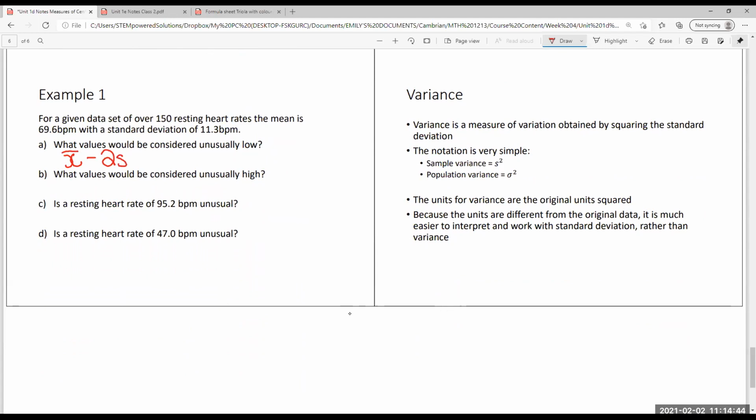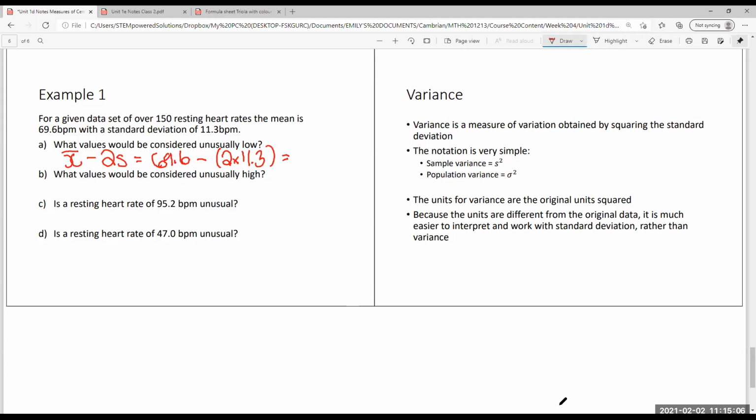Right, so it's going to be x bar minus 2s. So remember what x bar is. X bar is equal to 69.6 minus 11.3. But remember that the 11.3 actually has to be multiplied by 2 first. So bracket 2 times 11.3. And what is that equal to?